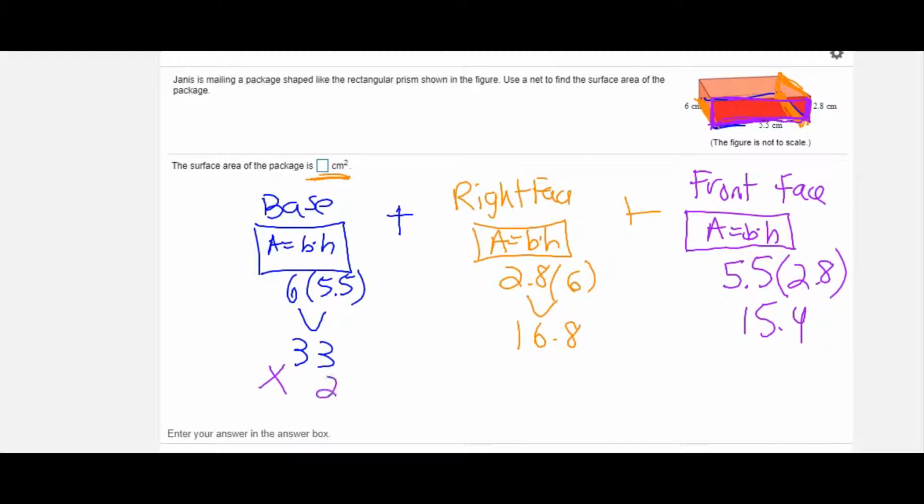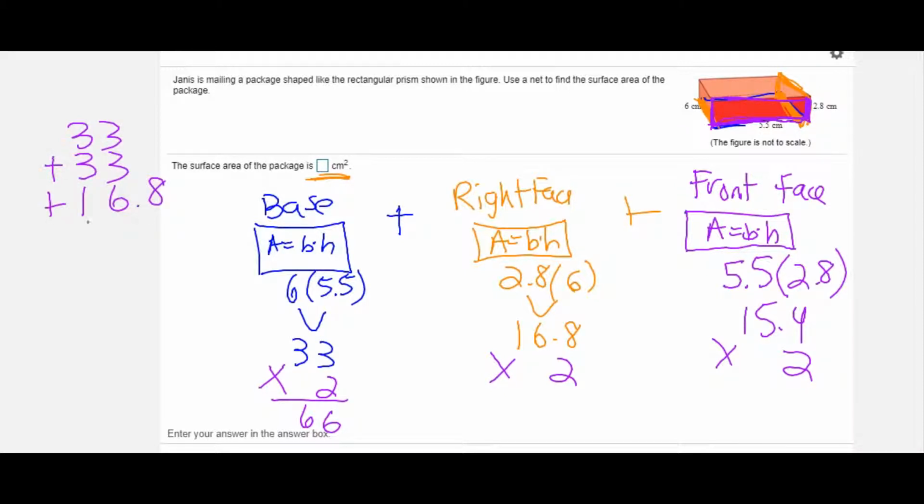So times 2, we're going to have 66. And then we multiply this by 2, multiply this by 2. Or we could just write it out. So we have 33 plus 33 plus 16 and 8/10 plus 16 and 8/10 plus 15 and 4/10 plus 15 and 4/10.